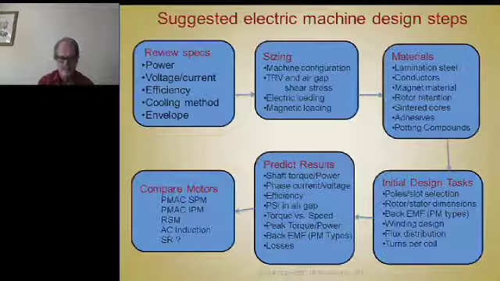After you pick the materials, the tasks involved are the number of poles, the number of slots, the rotor and stator dimensions, the details of the rotor stator dimensions, back EMF wave shapes, winding design, flux distribution in the circuit, and finally how many turns per coil you need.